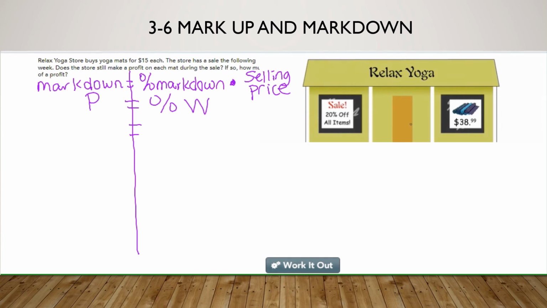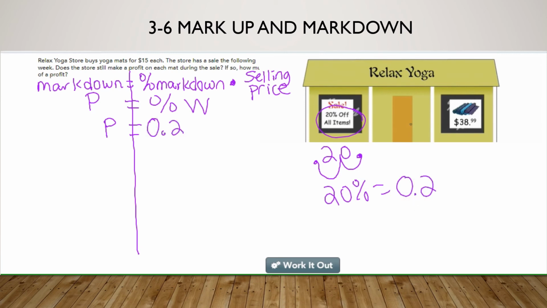The markdown is unknown, so I'll use a variable P. Our percent markdown says 20% off, so we have to make sure we use the decimal form of 20%. Percent to decimal, you divide, or you move the decimal point 2 times to the left. So 20% written as a decimal is 2/10. So we're going to use 2/10 as the percentage.